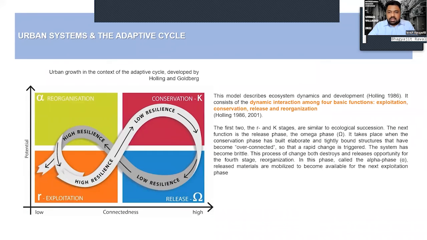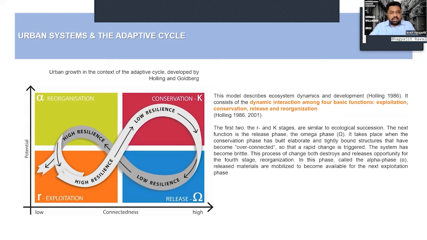Urban growth in the context of the adaptive cycle is best presented by the infinity loop, which is developed by Holling and Goldberg. We see when we start from the exploitation and conservation, release, and reorganization. Now, this model describes ecosystem dynamics and development. It consists of dynamic interactions among 4 basic functions: exploitation, conservation, release, and reorganization. The first 2, the r and K stages, are similar to ecological succession.